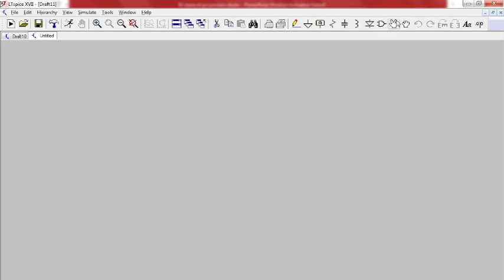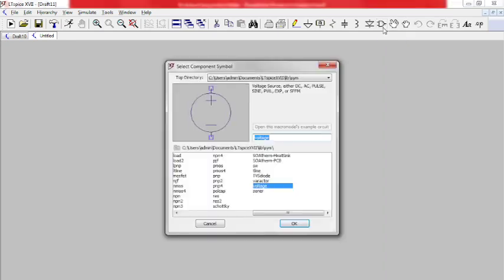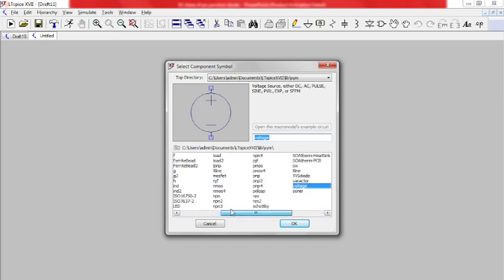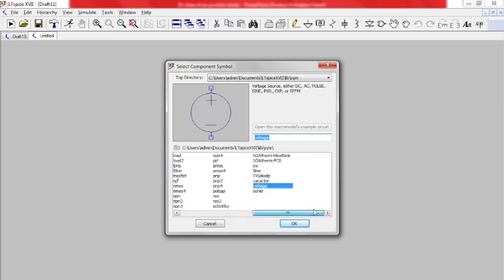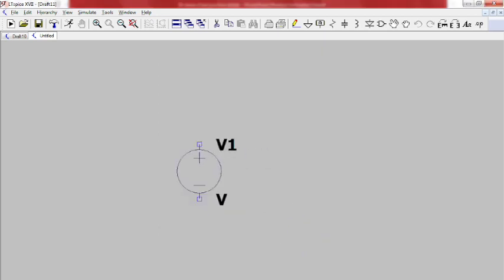By clicking this AND gate symbol, we will get the list of all components available in LT-SPICE. From this list, select voltage, click OK, and now the mouse cursor is attached to the voltage source.